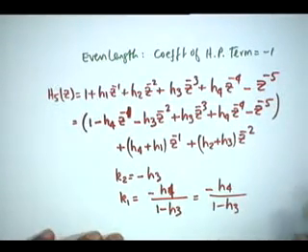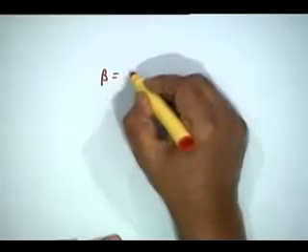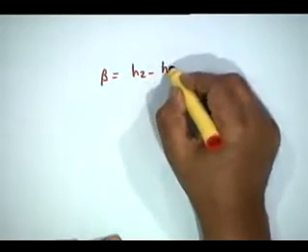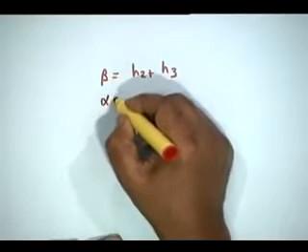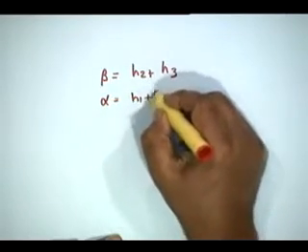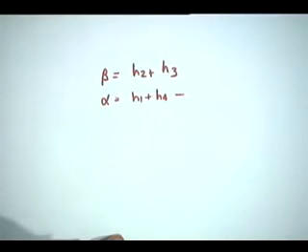The values of alpha and beta, I have done the rest. Beta has to be H2 plus H3 because beta Z to the power minus 2, and alpha equals H1 plus H4 minus beta K1.